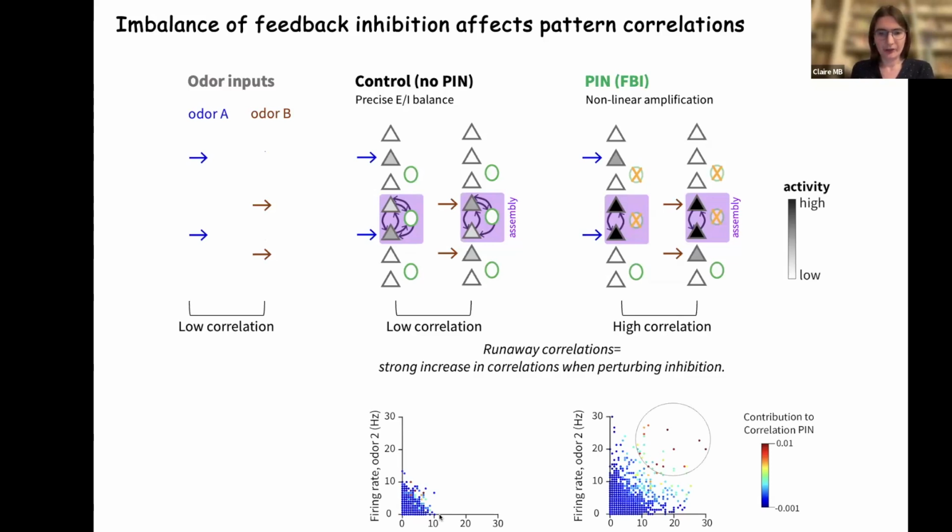And this is what you see here on these plots. You have the firing rate in response to one odor, and the firing rate in response to the other odor. Each dot is one neuron, and the color code is the contribution to the correlation. And you see here a small subset of neurons which contribute a lot to this runaway correlation.